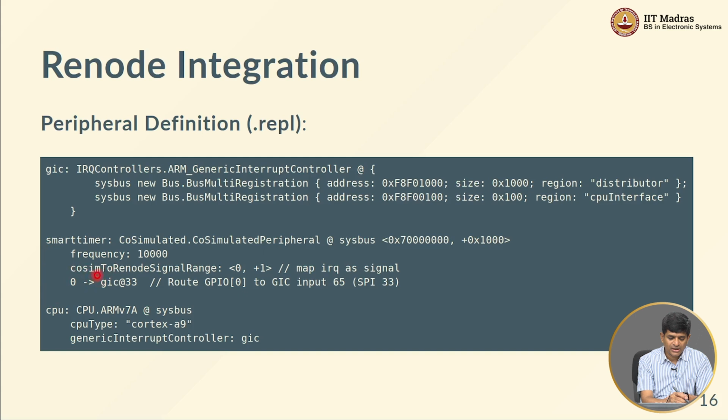The first one is this piece of information which says co-simulation, which is the RTL code, to Renode. In other words, we have a co-simulated RTL code and we want to map certain signals of that into Renode. And we are saying that there is one extra output which is not the AXI bus, which needs to get mapped into the Renode signals, because otherwise IRQ out does not really have any physical meaning as far as Renode is concerned, it is not a well known name.